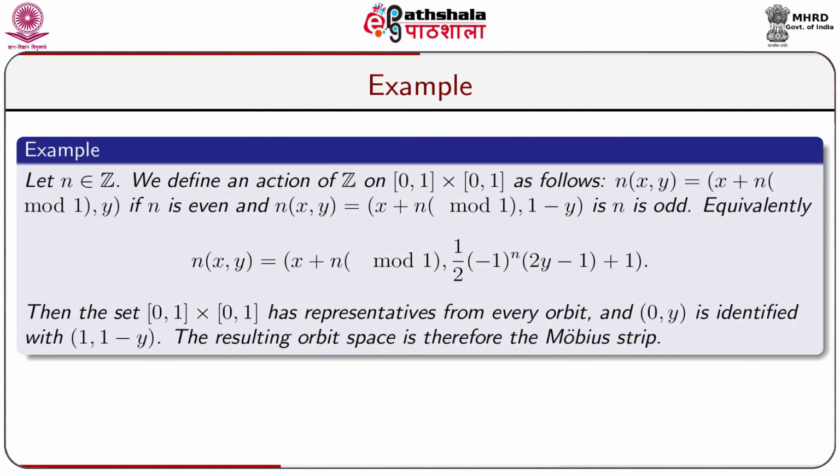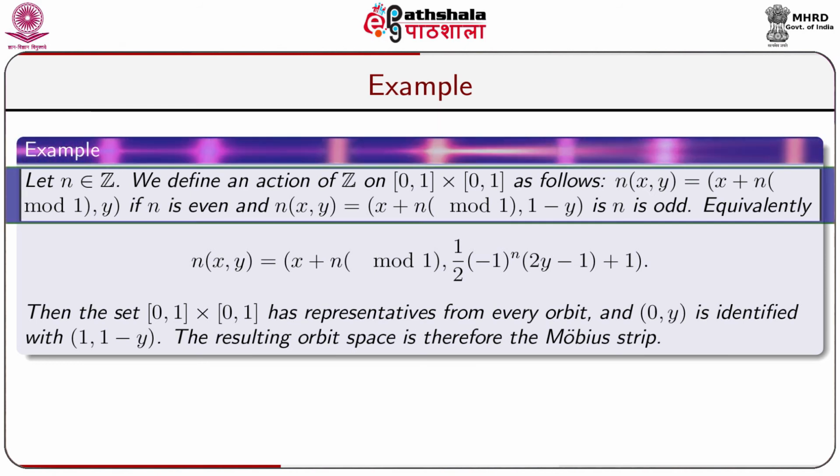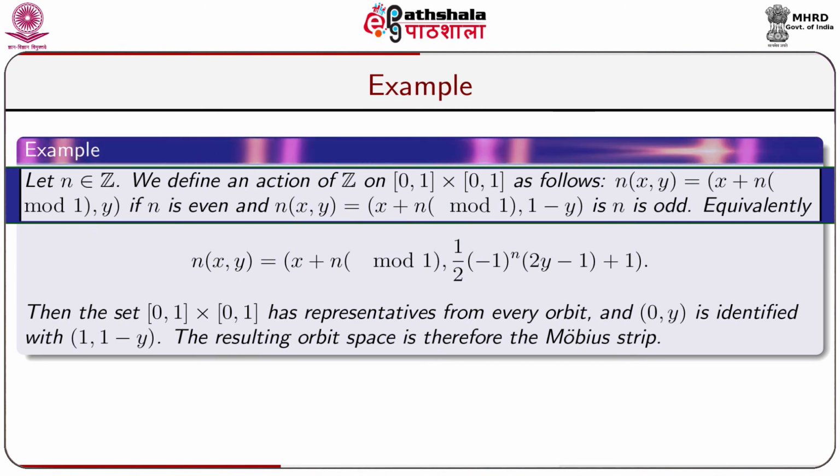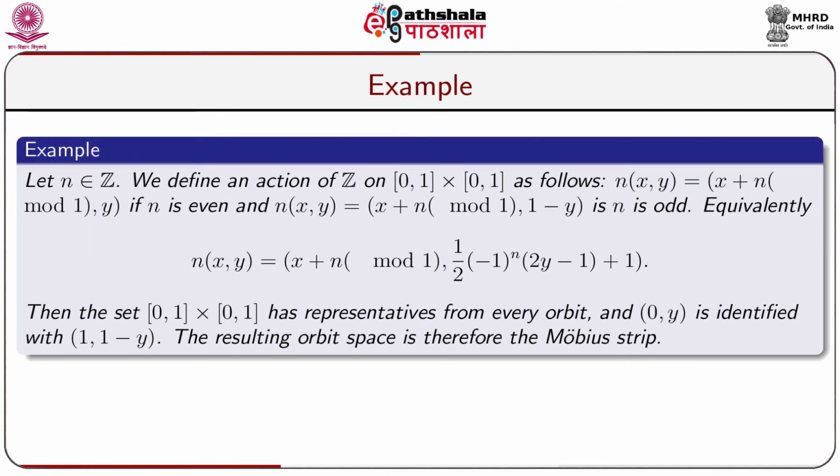Let us consider an example where the group Z acts on the space R cross the unit interval. Let n belong to Z. Let us define the action n of (x, y) is equal to (x plus n, y) if n is even, and n of (x, y) is equal to (x plus n, 1 minus y) where n is odd.